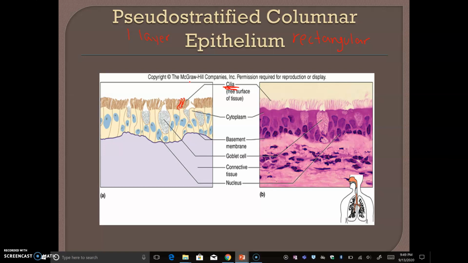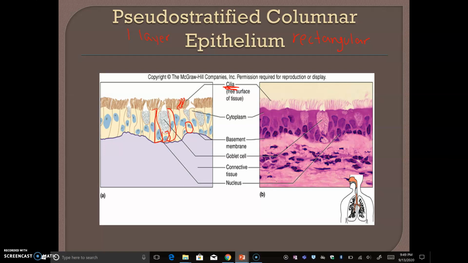But also it's pseudo-stratified because you're going to see that these rectangular cells can be at different lengths than all the other ones. So that's what makes it pseudo-stratified, because it's not just regular simple, they're not all the same size, but it is still one layer.